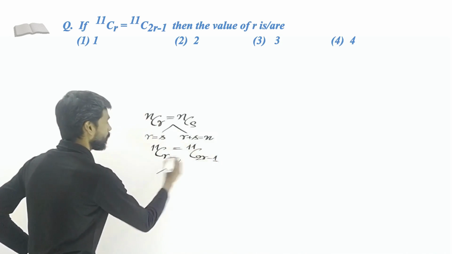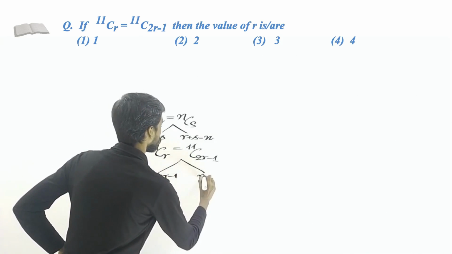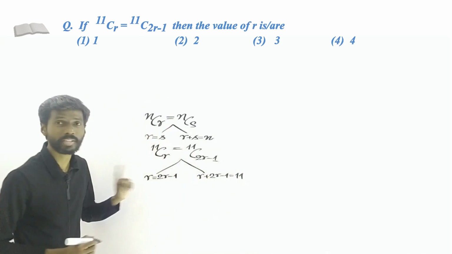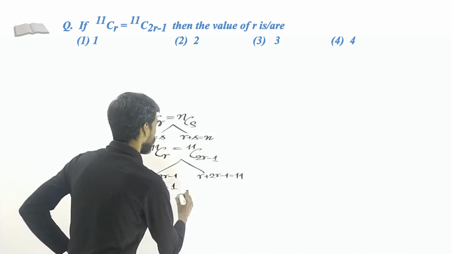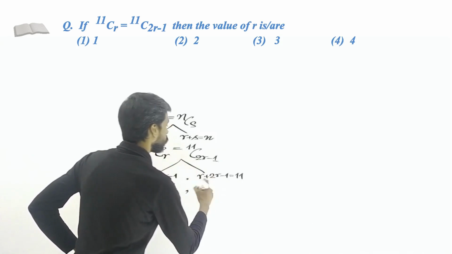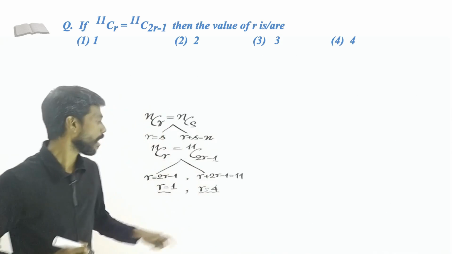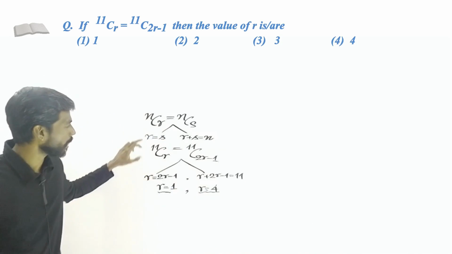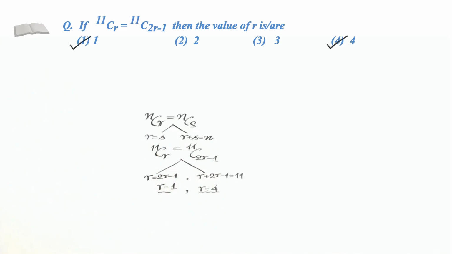In one case, r can be equal to 2r-1. We also have the other possibility, this sum is equal to the value of n, which is 11 here. So we can get the value of r from this. So r is either 1, or 3r equals 12, so r can be equal to 4. So r is either 1 or 4. These are the two possible values of r for which 11Cr is the same as 11C(2r-1).